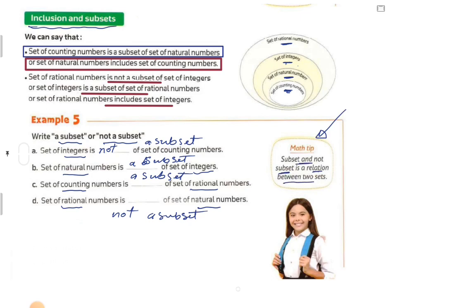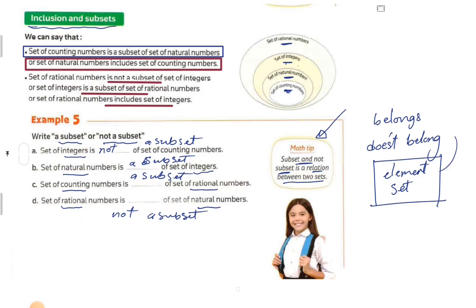Relation between two sets, like the counting set and natural set, and the integer and rational sets. But before that, belong and doesn't belong is between an element and a set. For the relation between an element and a set, use belong or doesn't belong.